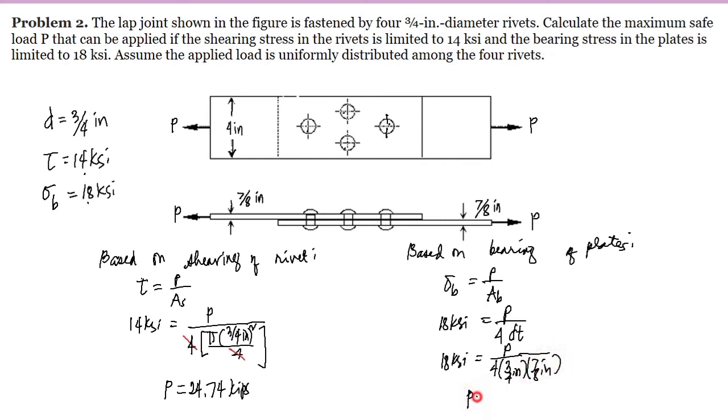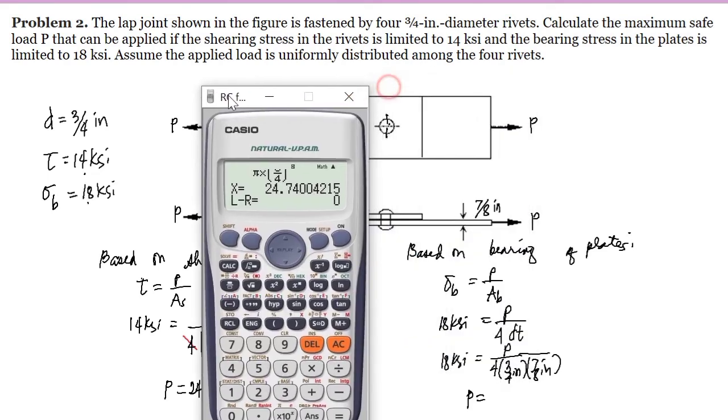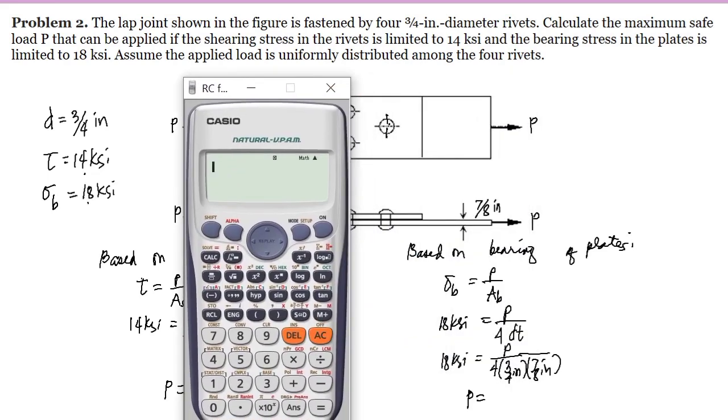And now we compute for the value of P. So we have here 18 is equal to P over 4 times 3/4 times 7/8. Shift solve equals, and we have 47.25 kips.